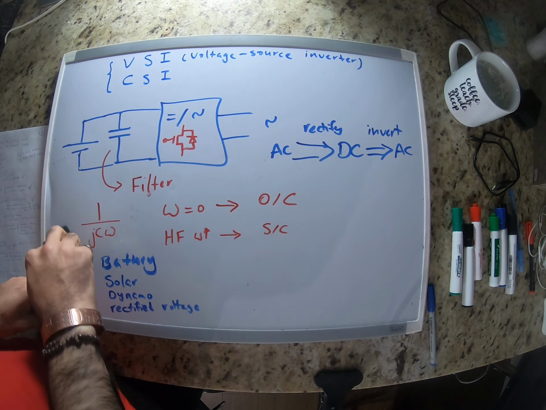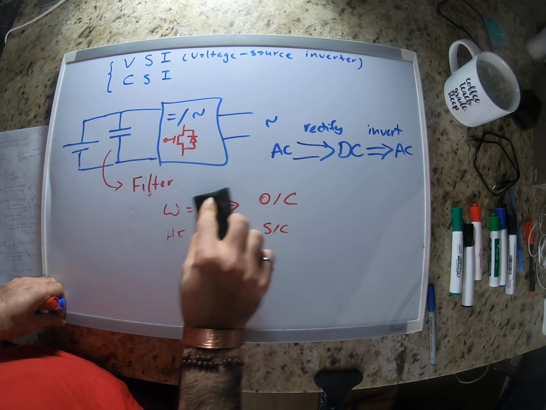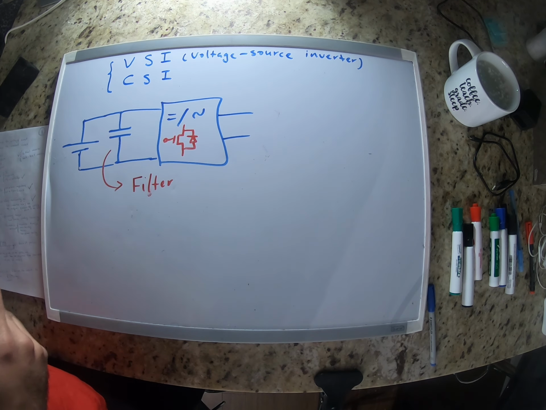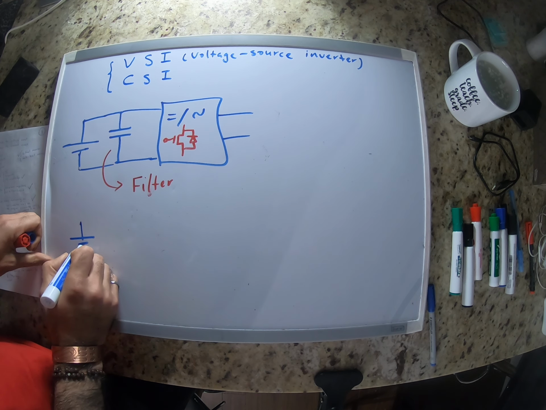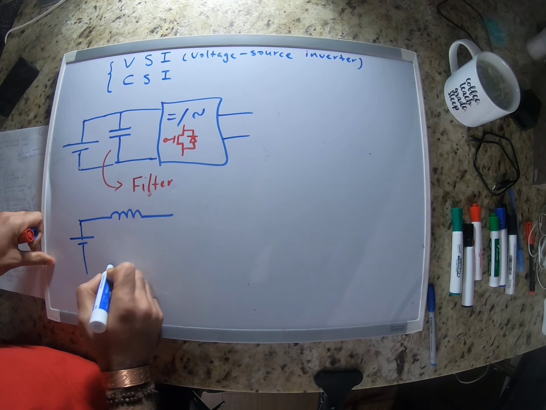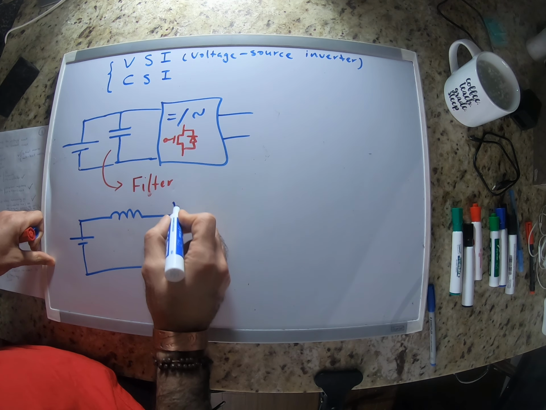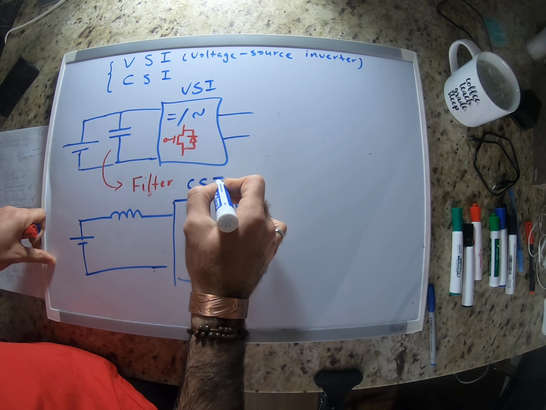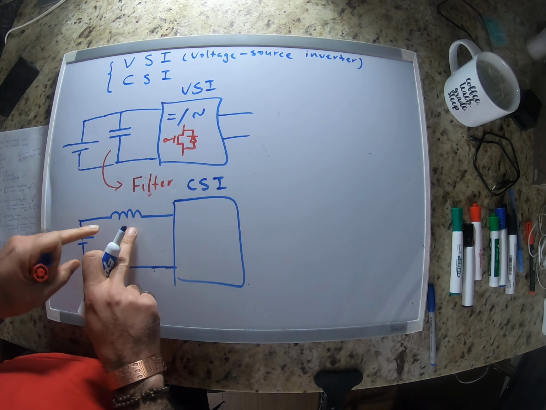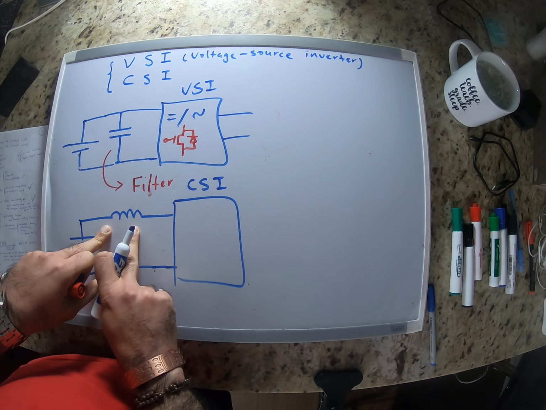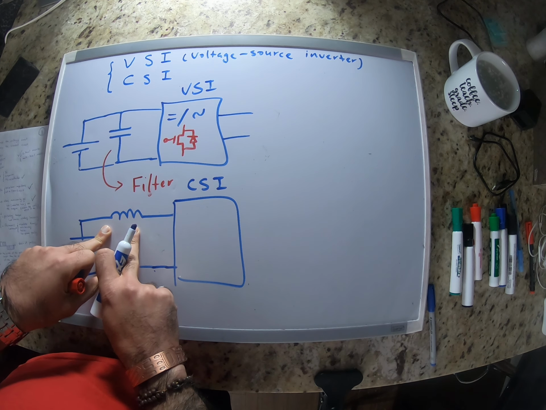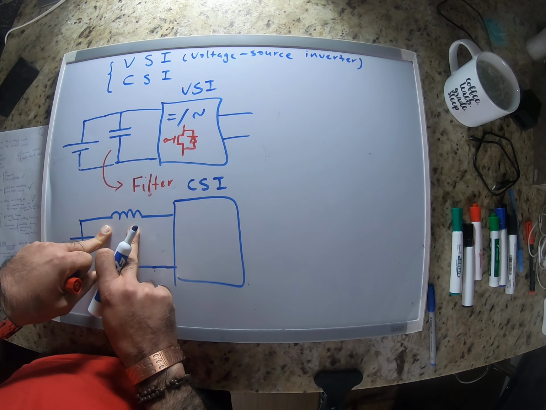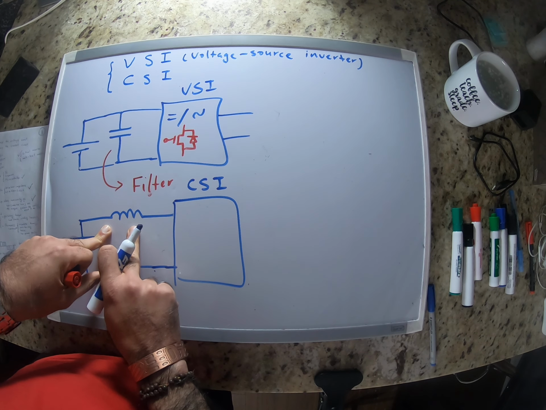For current source inverter, so this is VSI, this is CSI. For current source inverter, we have an inductor, a huge inductor, and if you guys remember from our previous chapters, this inductor can act like a current source, right?